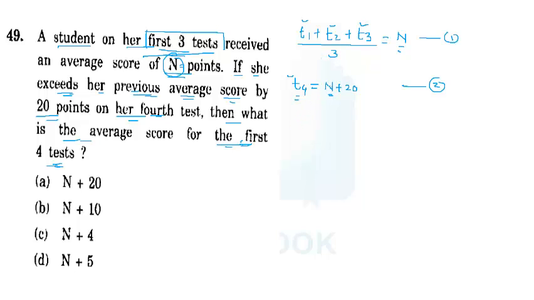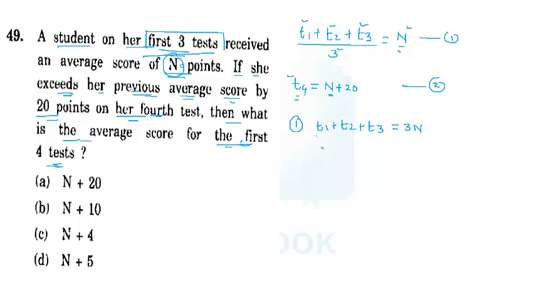Now let us first consider this first equation. T1 plus T2 plus T3 upon 3 was n. So T1 plus T2 plus T3 would be equal to 3n, right? Because we have taken the denominator into the numerator on the other side of the equation.